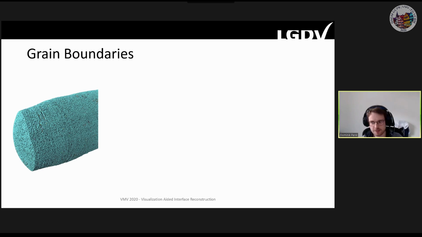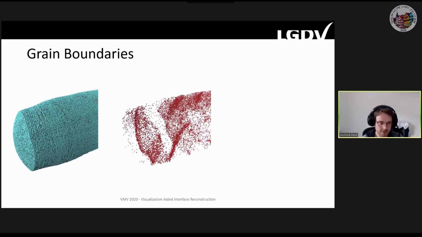In these measurements, there are things called grain boundaries. They look like this. If you only look at the aluminum atoms of the left measurement, you see such 2D surface-like structures emerging, and they normally separate crystals of other atom types. They are very interesting because from these boundaries and their shape, you can infer material properties.